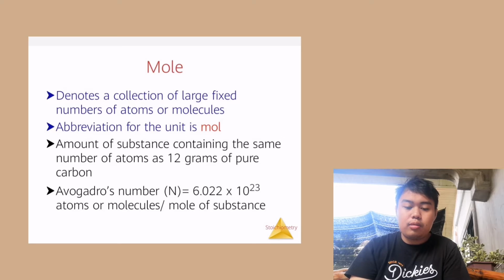Abbreviation for the unit mole: the amount of substance containing the same number of atoms as 12 grams of pure carbon. Avogadro's number equals 6.02 times 10 to the 23rd atoms or molecules per mole of substance.